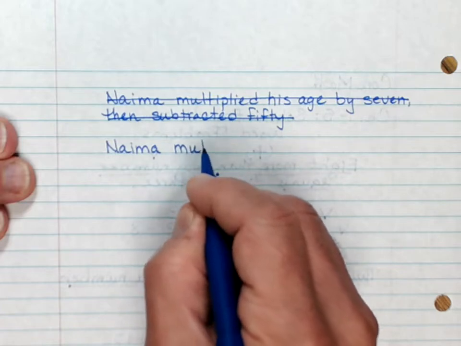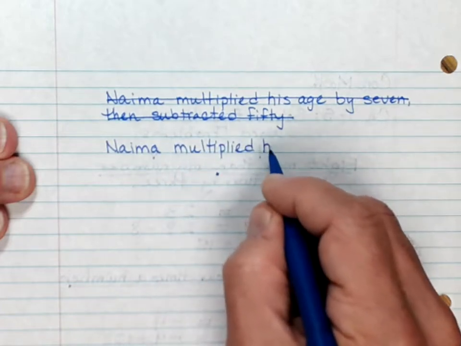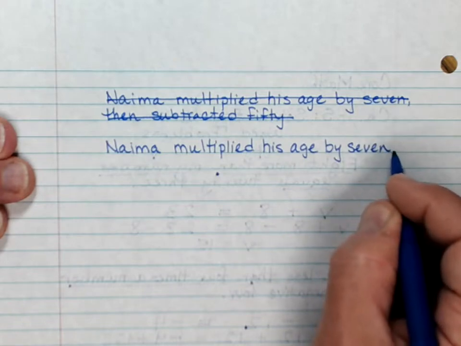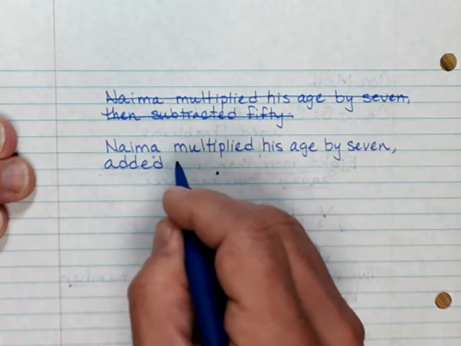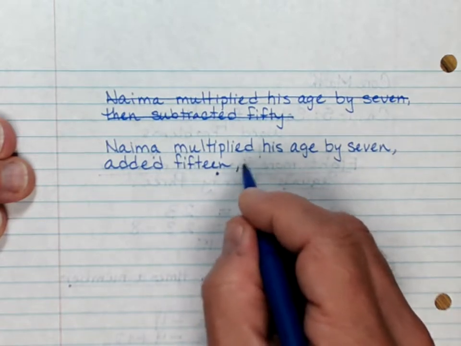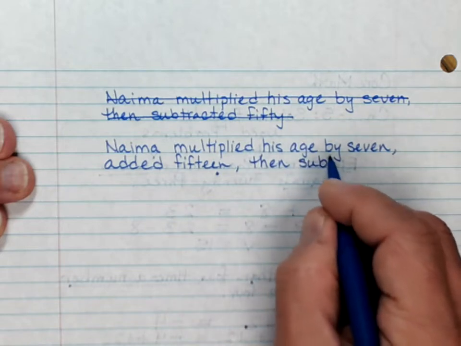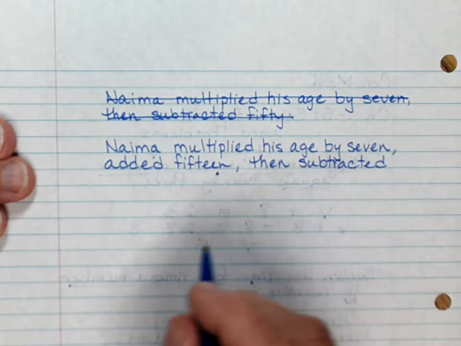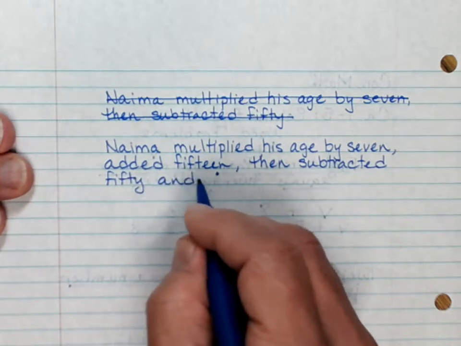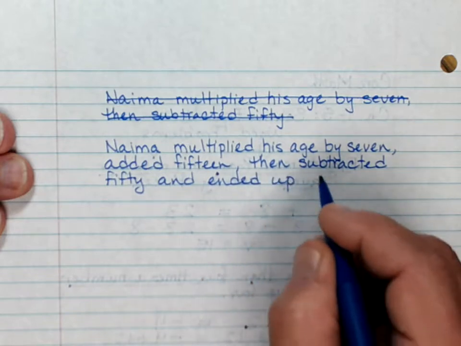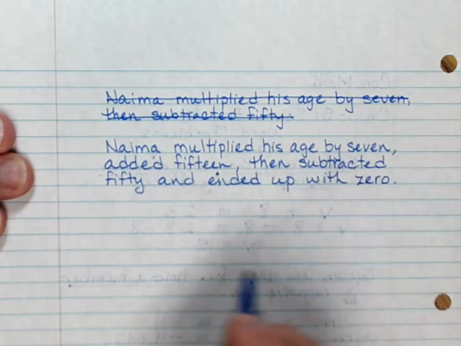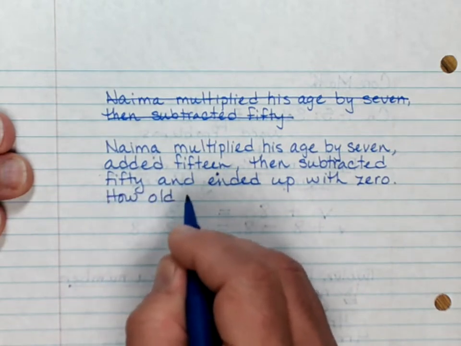Naima multiplied his age by 7, added 15, then subtracted 50 and ended up with 0. How old is Naima?